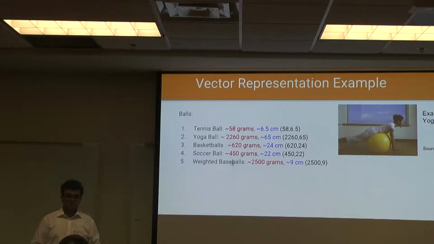So for example, a tennis ball weighs 58 grams and has a diameter of 6.5 centimeters. I can represent that tennis ball by saying 58 comma 6.5, the x value being the weight and the y value being the diameter. And I want you to look at the data for a second and see if you recognize anything that looks a little weird.